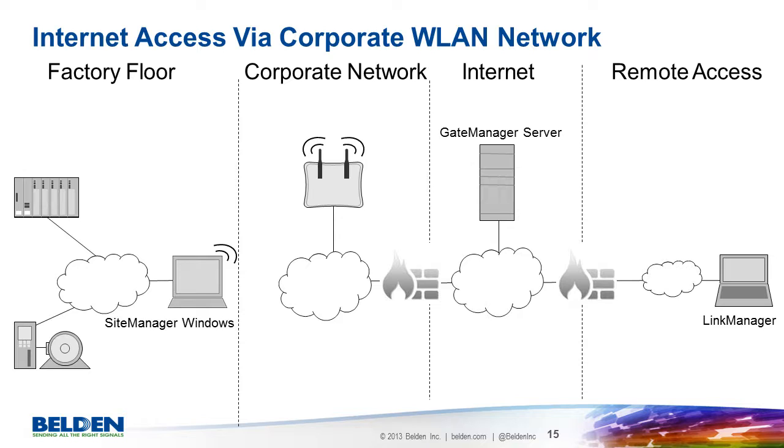To be clear, the Site Manager PC is not routing between the two interfaces. The devices on the factory floor are not communicating on the internet. The Site Manager PC is collecting information on one interface and transmitting that information on the other. In the real world, the Site Manager PC would not need to be running permanently. It will run only when remote access is required.